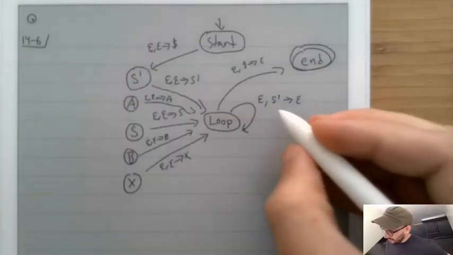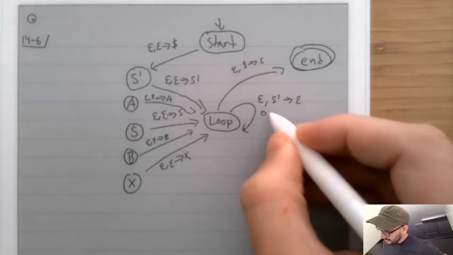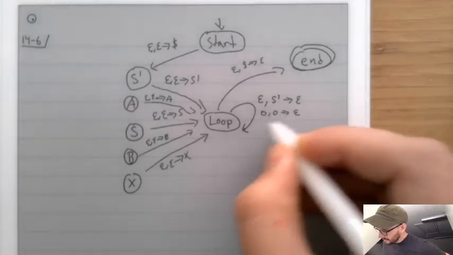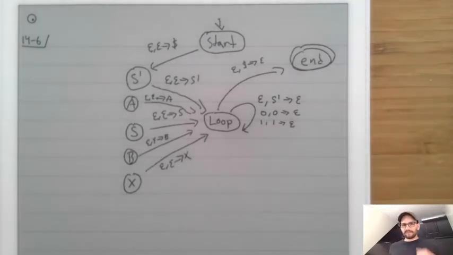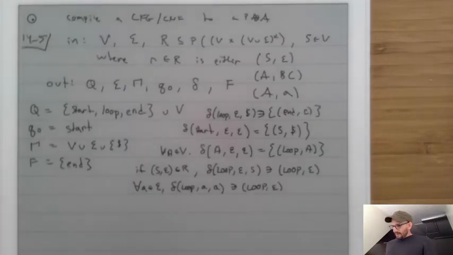So that means that we also have a rule that says 0, 0 goes to epsilon, and 1, 1 goes to epsilon. Because those are the only things in our input, or that are in sigma. Okay.